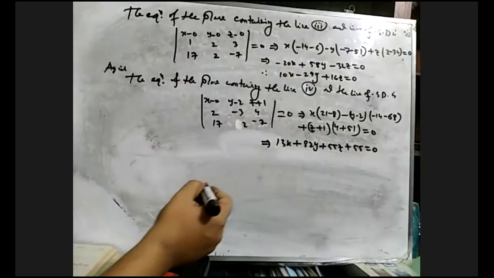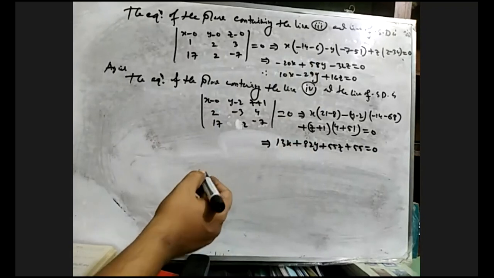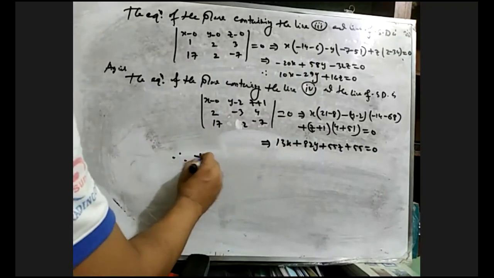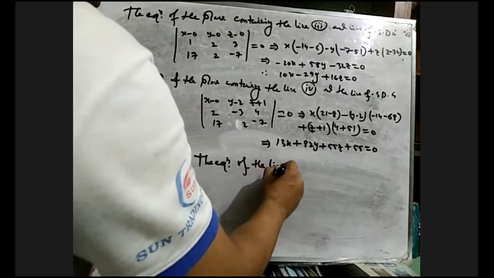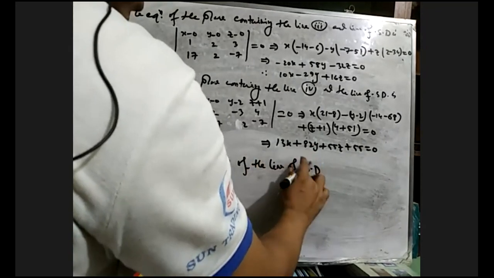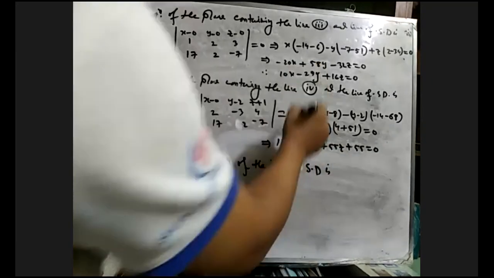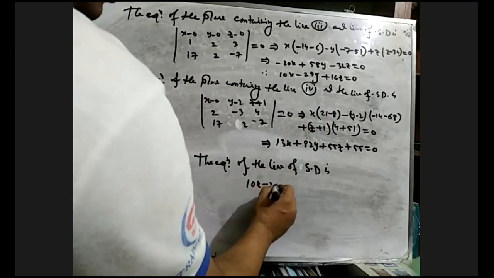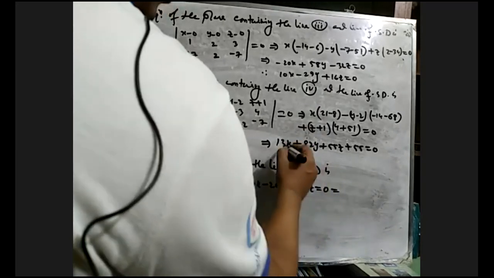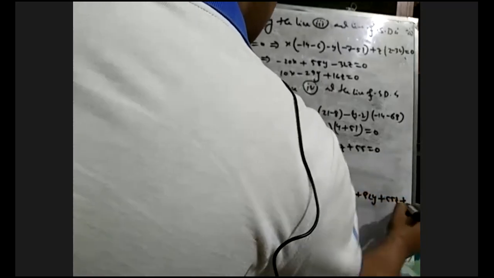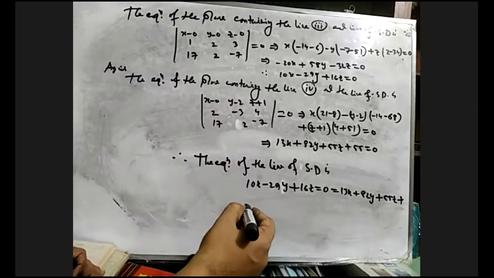Now from these two, we get our required result. Therefore, the equation of the line of shortest distance is these two planes: minus 10x minus 29y plus 16z equals 0, and 13x plus 82y plus 55z, here 55z, there plus 10 minus 109.